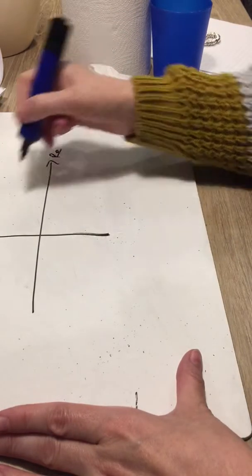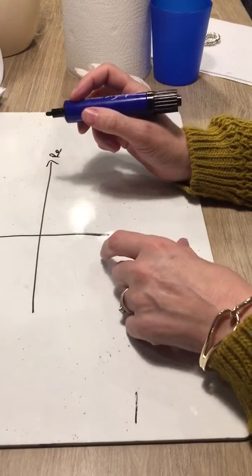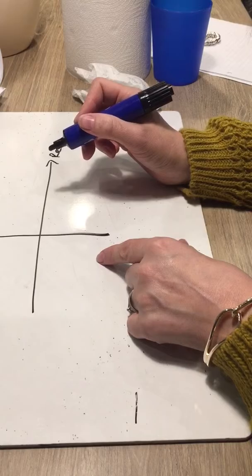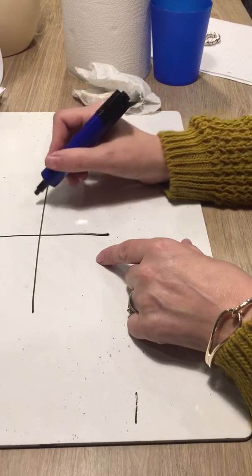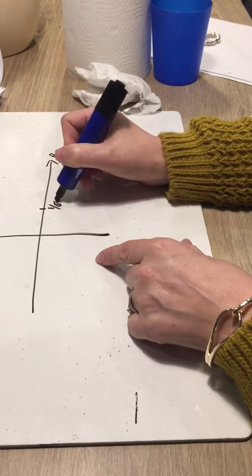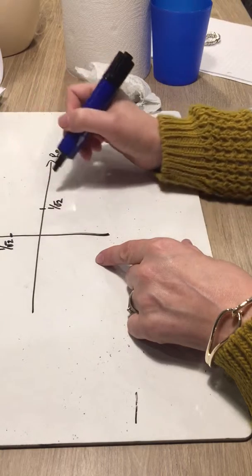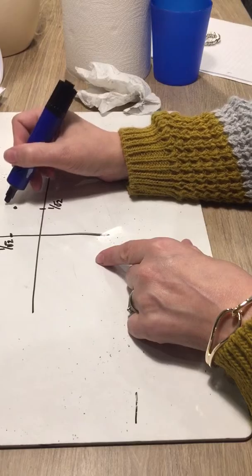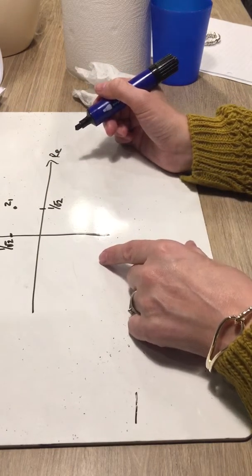So real, imaginary. So from part A, we had 1 over root 2 plus 1 over root 2 i. Okay, so if I just put 1 over root 2 and 1 over root 2, so that was our first solution, which we labelled Z1.